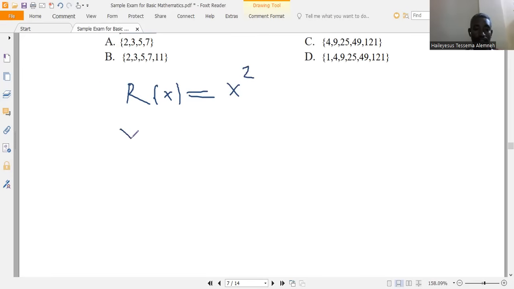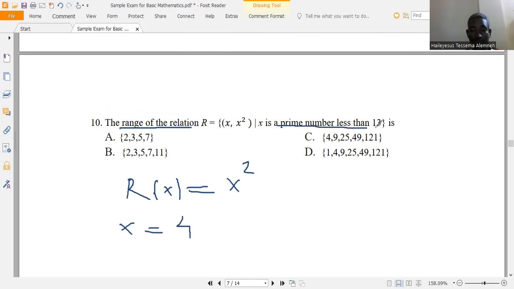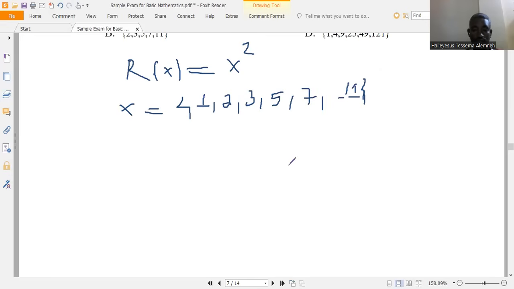So what are the x's? X is prime numbers less than 30. What are prime numbers less than 30? 1, 2, 3, 5, 7, and 11. It does not include 30.